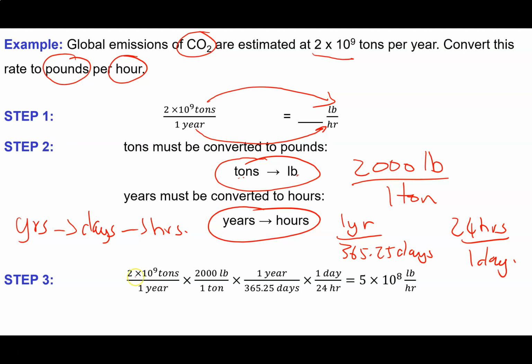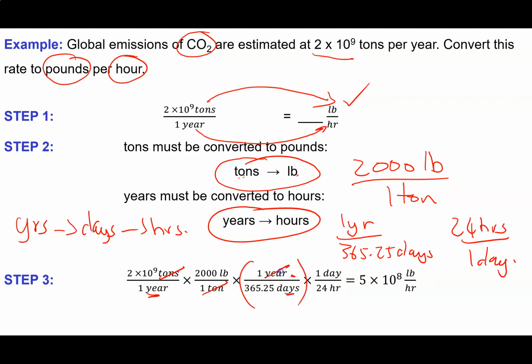So that's what's going to happen. All right, here we go. 2 times 10 to the 9 tons per 1 year. I'm going to turn the tons into pounds: 2,000 pounds per 1 ton. The tons are gone, so I'm done with the top line. Now I'm going to start working on the bottom line. I've got to get my years and turn them into days. So I need my years on the top line, there they are, and my days on the bottom line.